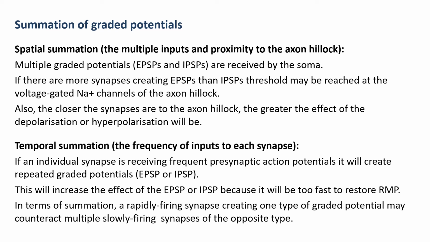So if we've got a soma that's receiving lots and lots of EPSPs from lots and lots of different presynaptic neurons, but we've got a presynaptic neuron that's producing IPSPs in the postsynaptic soma, and it's firing repeatedly, then it could counteract all of those because it's much faster. It's going poof, poof, poof, poof, poof, compared to the other synapses that are just going poof, poof. So temporal summation can outweigh spatial summation and vice versa.